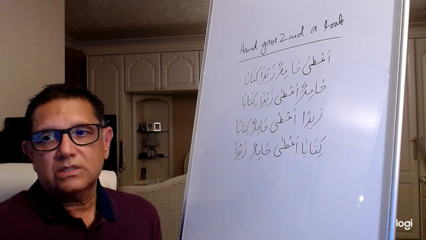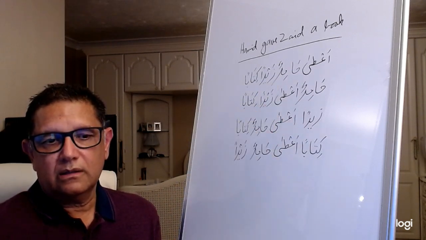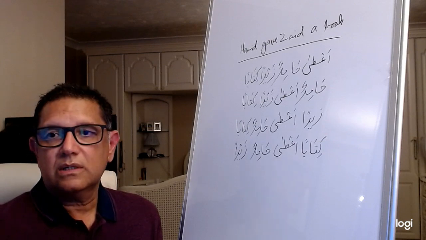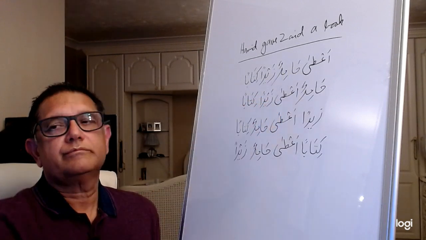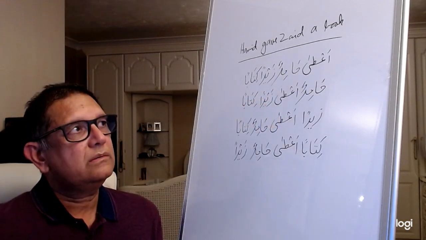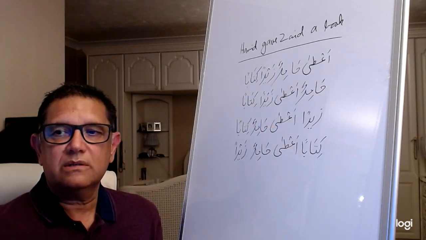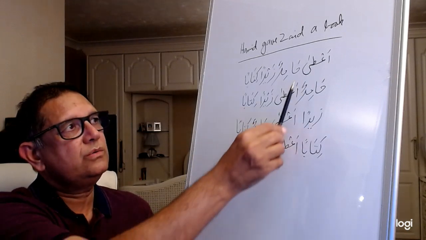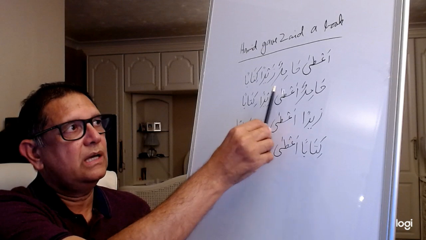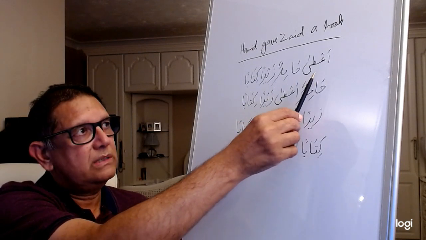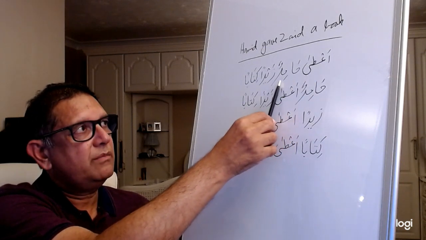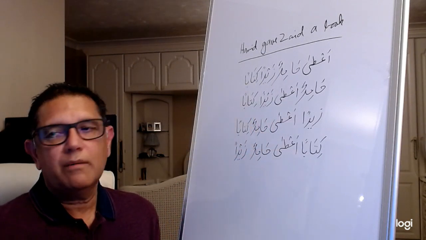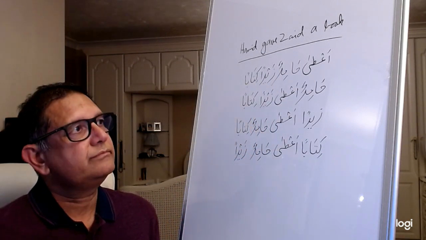This construction is used when the information is completely new. The audience do not know anything about it, and I'm going to give them new information, so I'm going to use this default construction, and I will say Ata Hamidun Zaidan Kitaban. Hamid gave Zaid a book.